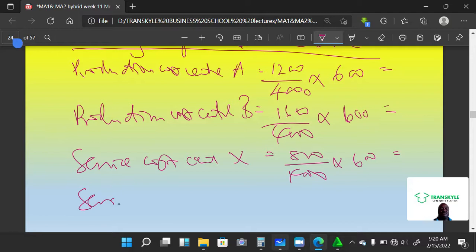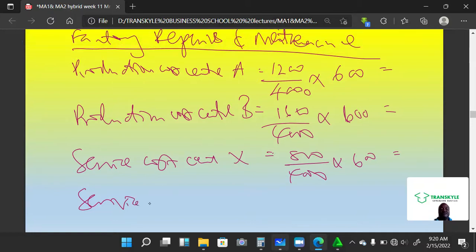Then sales cost center Yankee Y, that's 400 over 4,000 multiplied by 600, and you get these figures, and those are the figures apportioned to a particular cost center, or which have been shared to the cost centers.